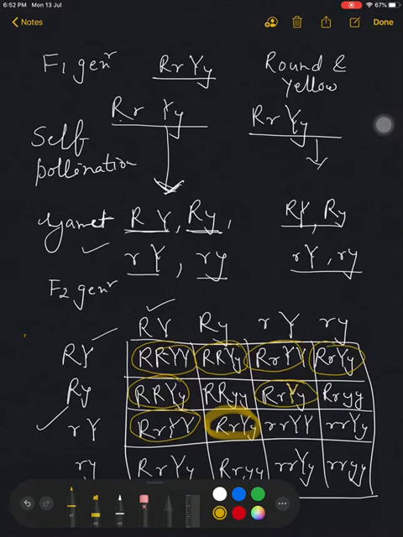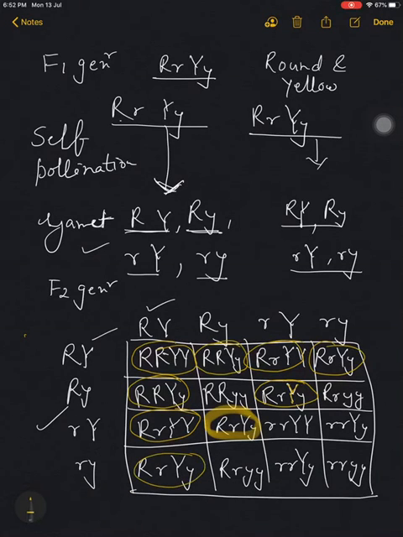Again this one is yellow. So what is the ratio of round and yellow seed? It is 1, 2, 3, 4, 5, 6, 7, 8, 9. 9 by 16. After that, round and yellow seed is 9 by 16.